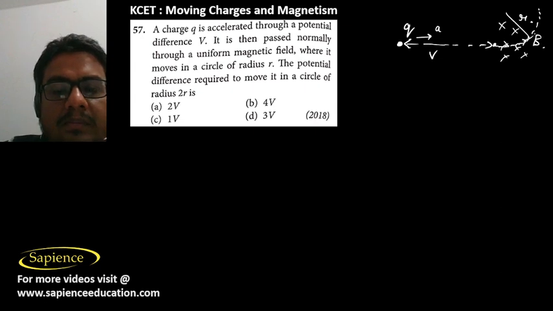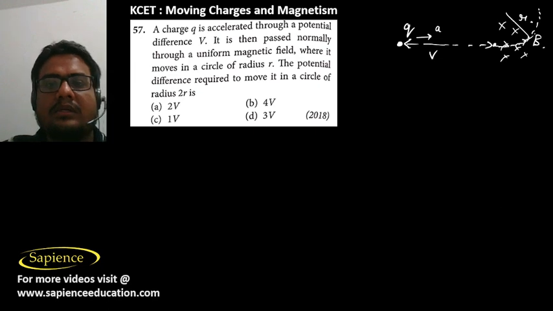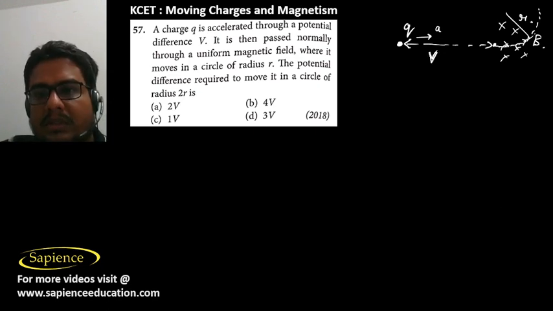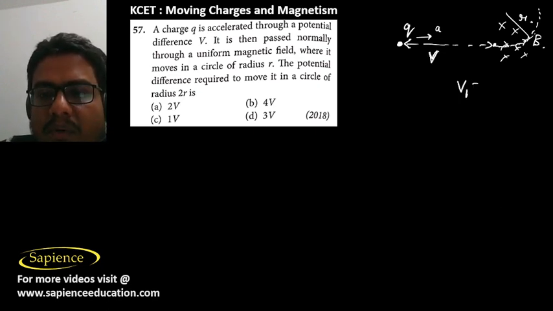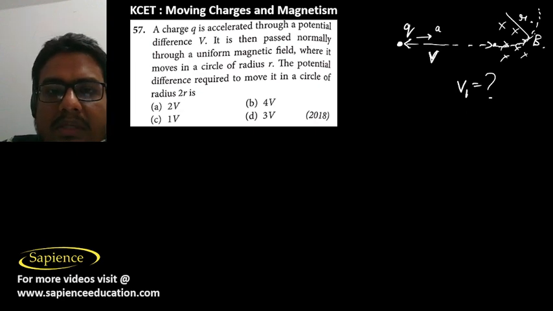The potential difference required to move it in a circle of radius 2r. Then what potential difference V1 is required so that the radius of the circle is 2r.